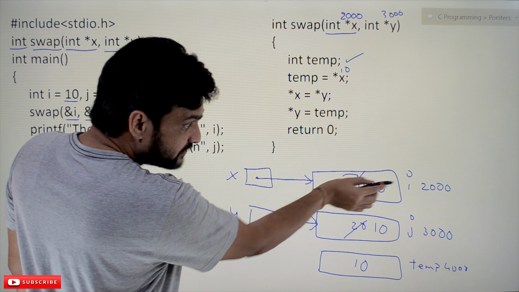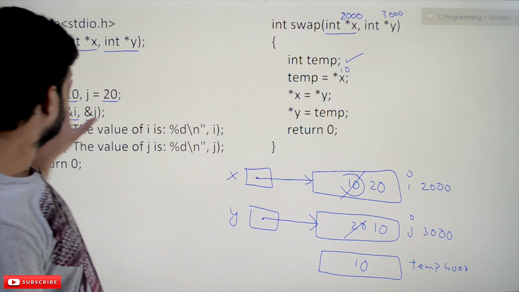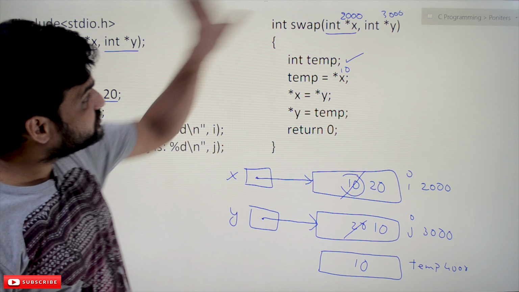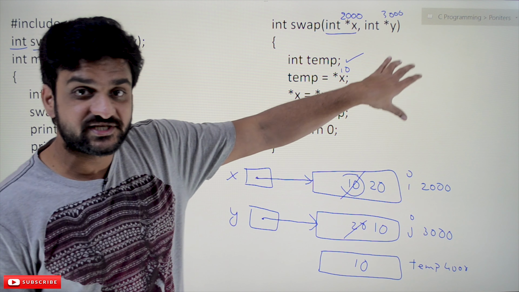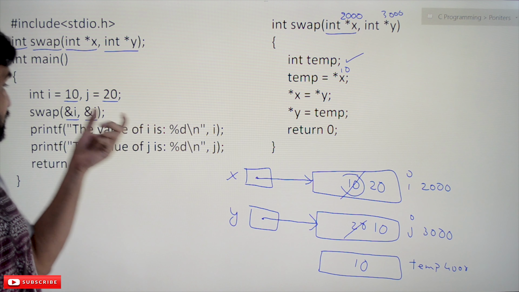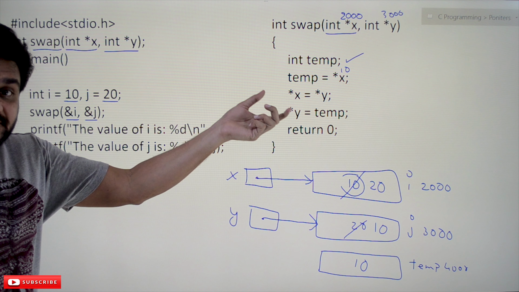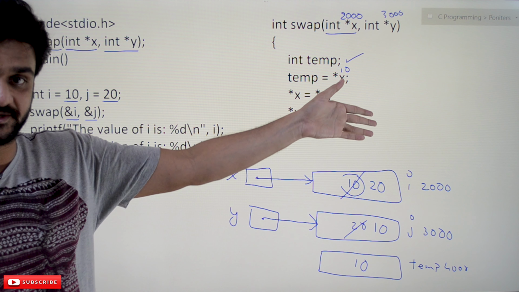See here, the values of i and j are initially 10 and 20 in the main, but after executing the function, by passing the arguments of the function as pointers, that is the use of pointers.